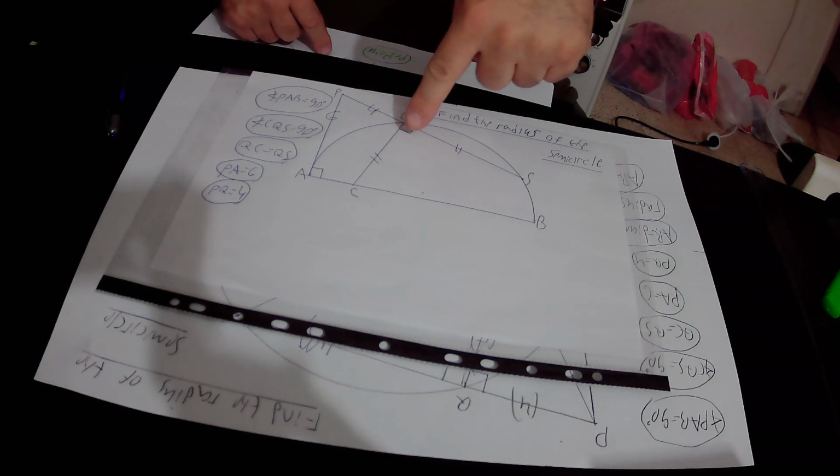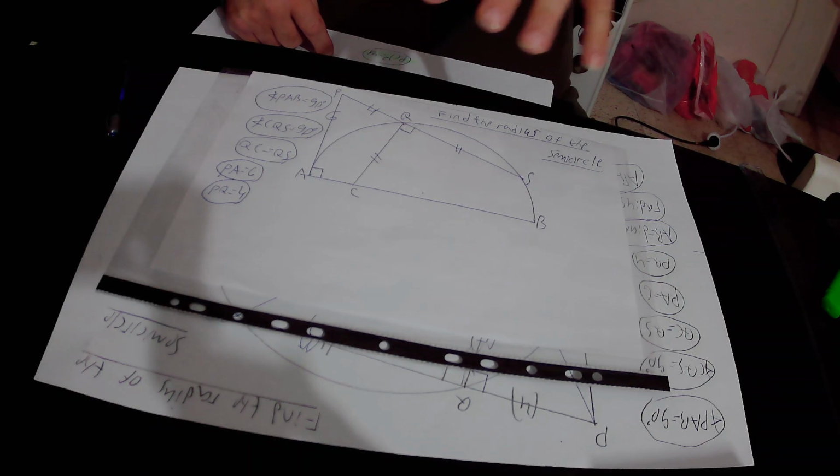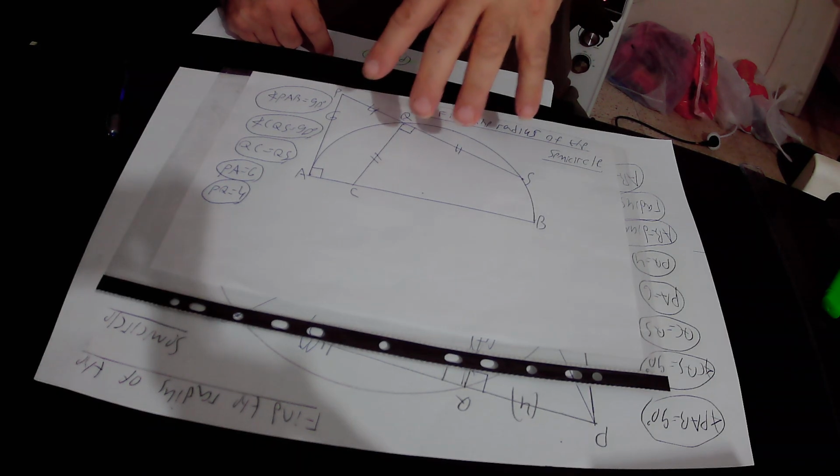This is angle SQC that is also equal to 90 degrees in its size. Again, our mission is to find out the radius of this semicircle.